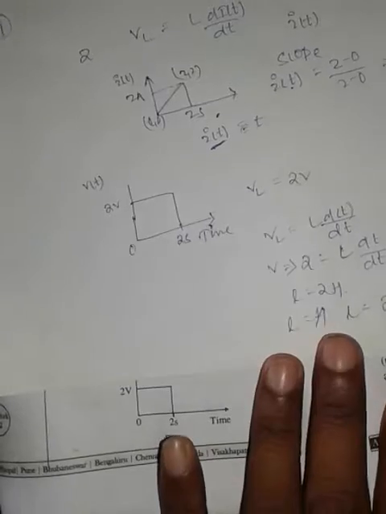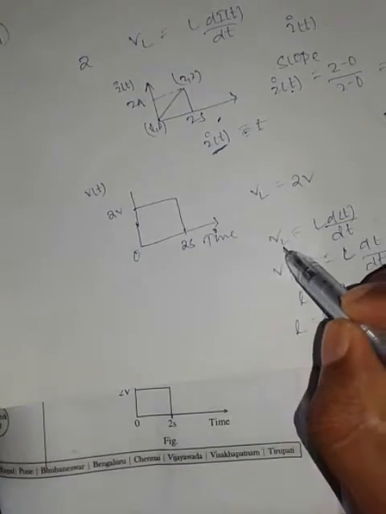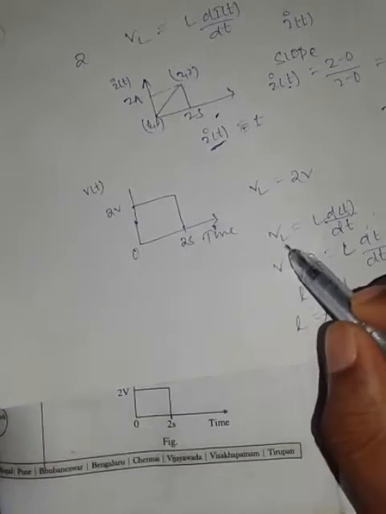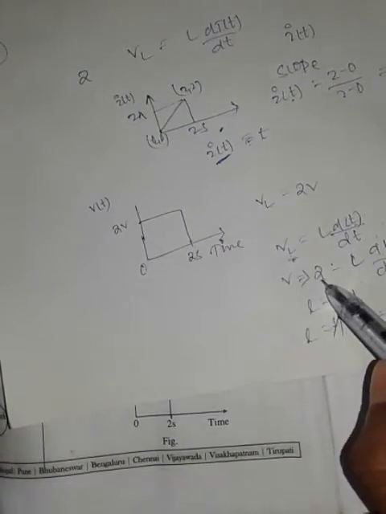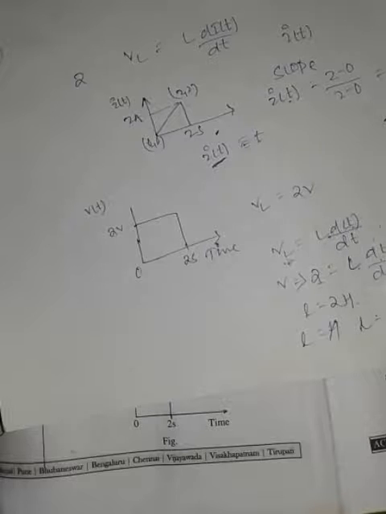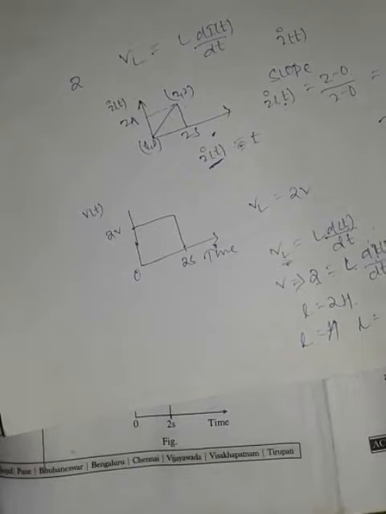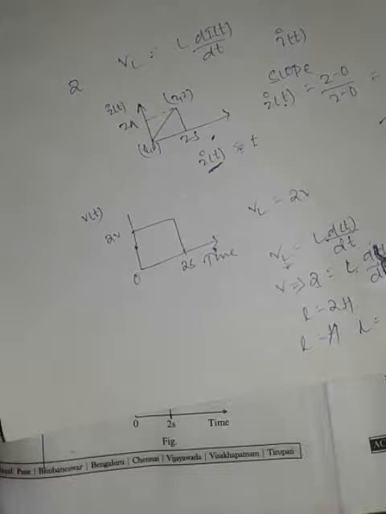We normally know that the relation between voltage and current in an inductor is VL is equal to L dI of t by dt. But here VL is 2, given as constant. So 2 is equal to L dI of t by dt, but dI of t by dt is given only as t, so dt by dt is equal to 1.